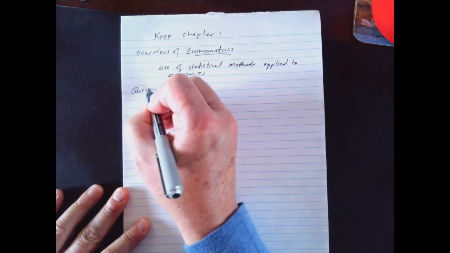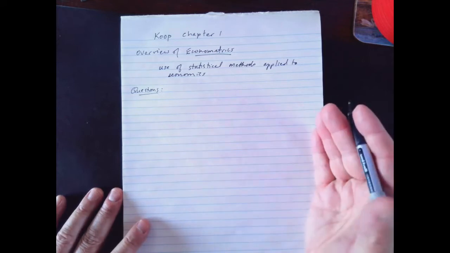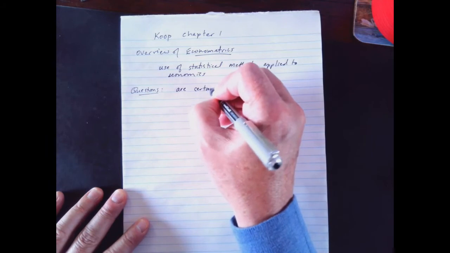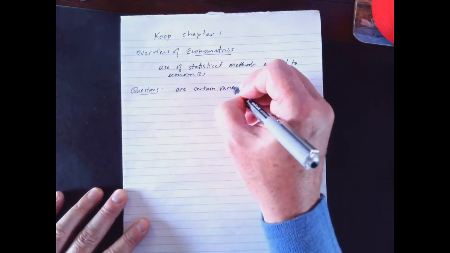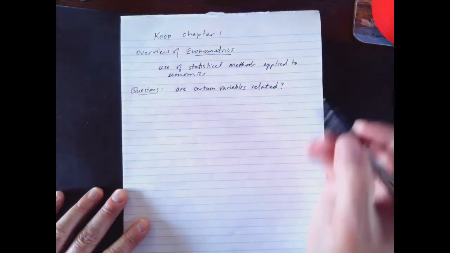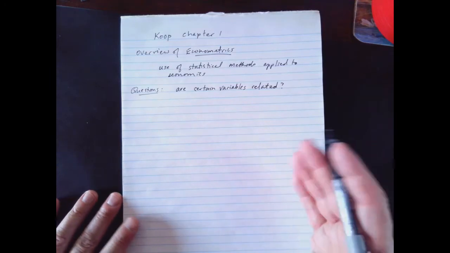So, let's think of some questions that we might be interested in asking that we would need econometrics to help us answer. Are certain variables related? We're often trying to explain with respect to economies why some things change and other things don't. So why is it that the population of Ontario grew so large but the population of Manitoba did not?